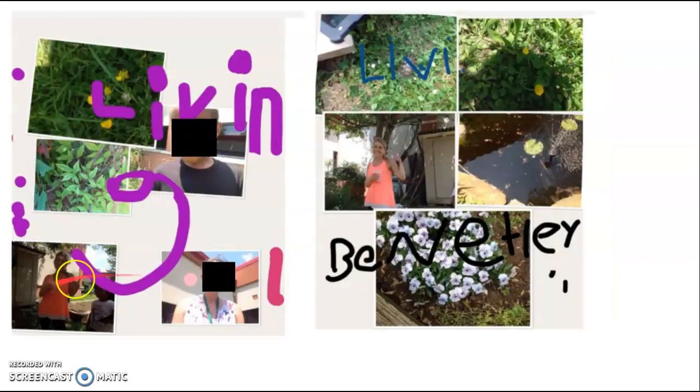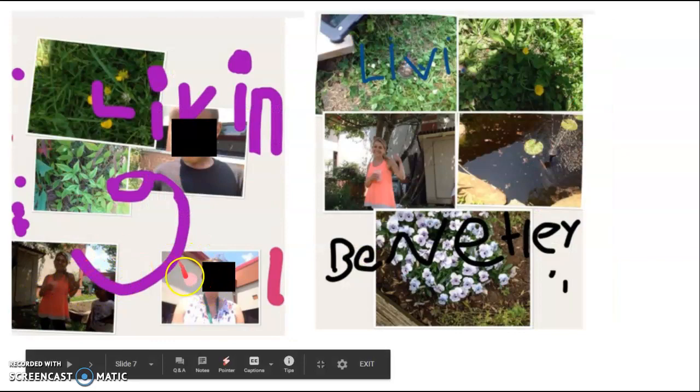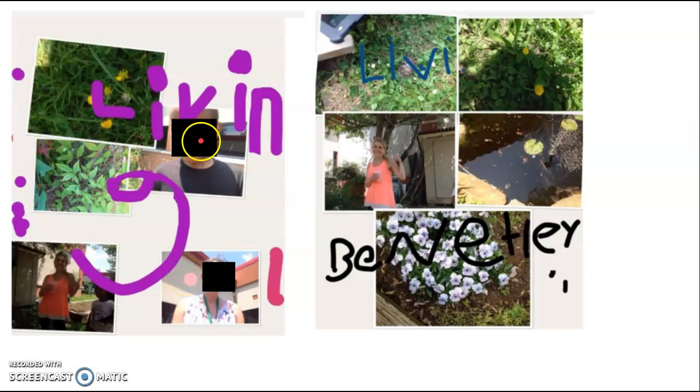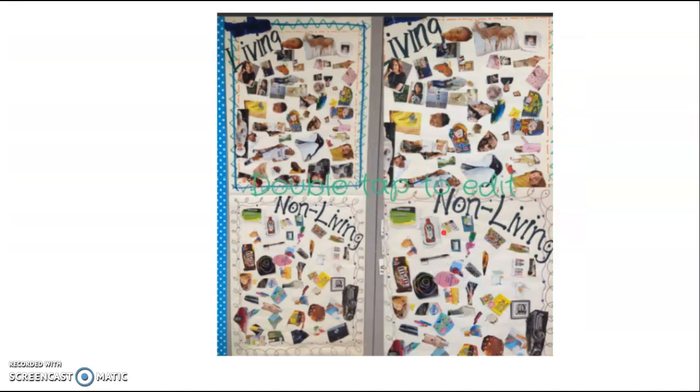And here are some other examples. They took pictures of their teachers to show living things and plants and their friends. And they were able to write the word living because these represent living things. And then they wrote their name to show it's their work. Students also had an option if they did not want to use the photo feature on Seesaw with actual photos.